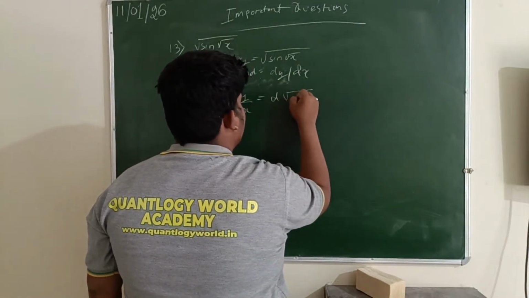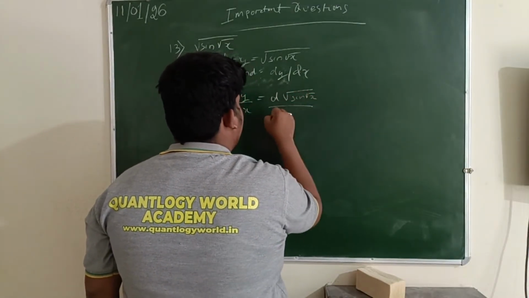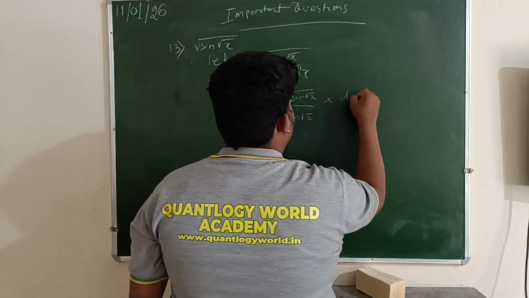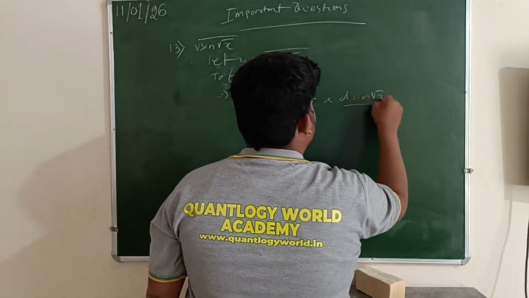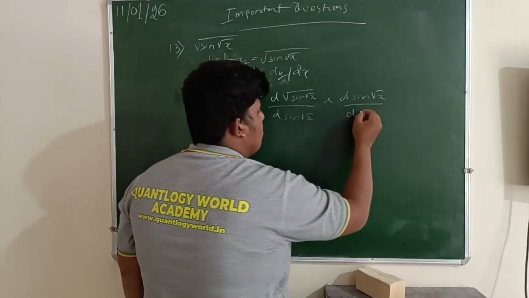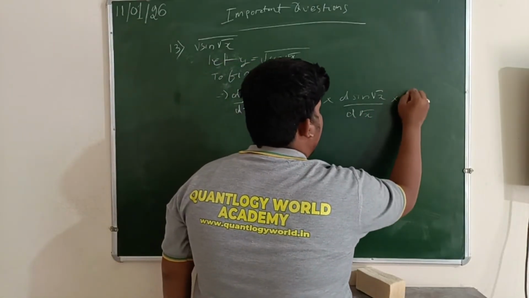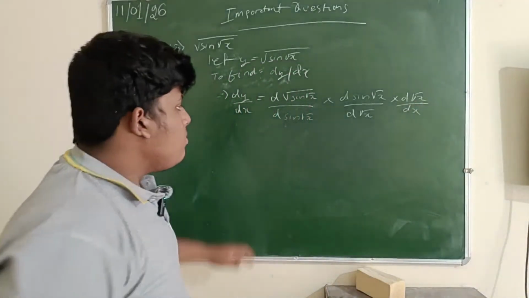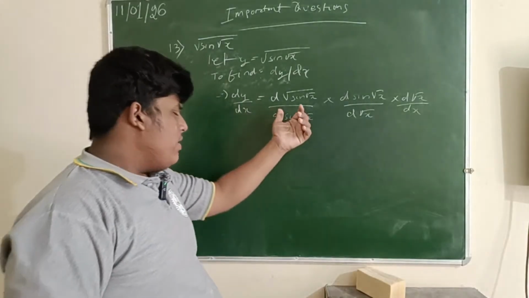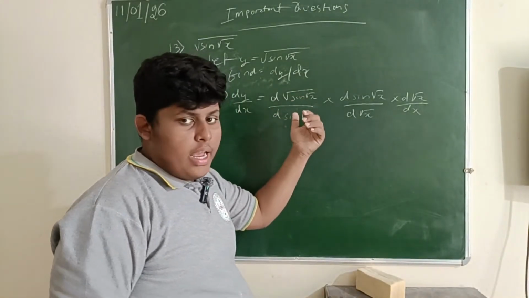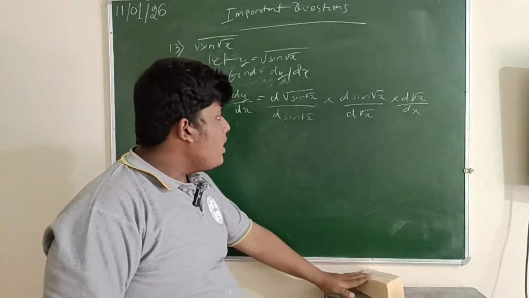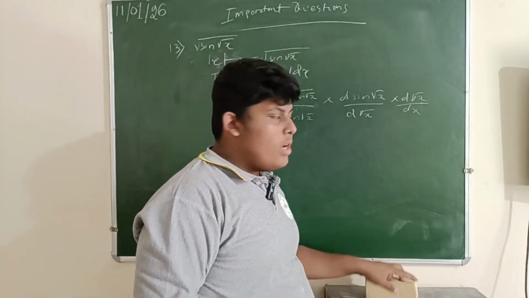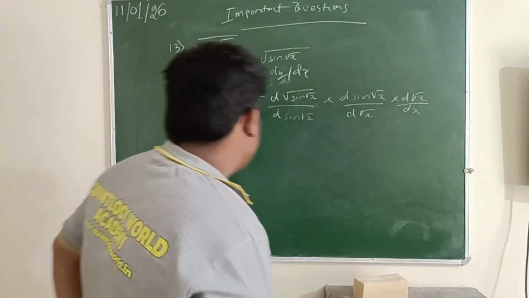dy by dx equals d root over of sine root x by d sine root x, into d sine root x by d root x, into d root x by dx. So I have differentiated d root over of sine root x with respect to d sine root x, then d sine root x with respect to d root x, into d root x with respect to dx.